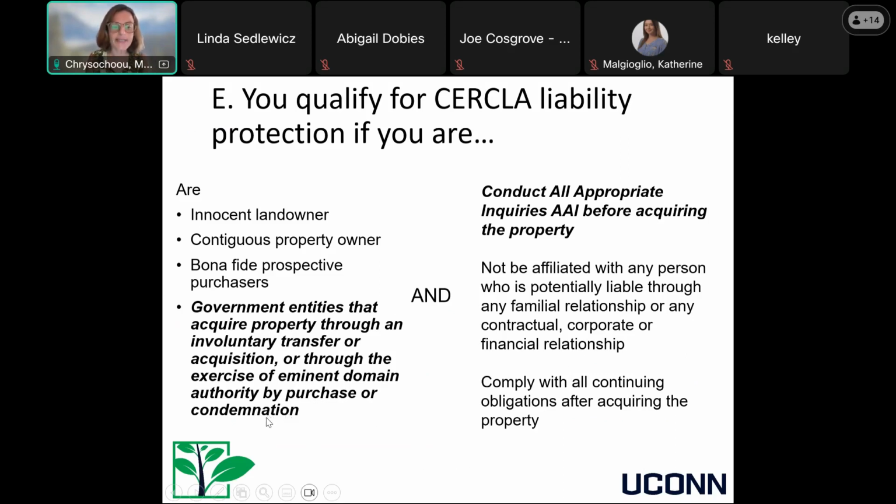So in this particular case, you are not liable for the contamination.